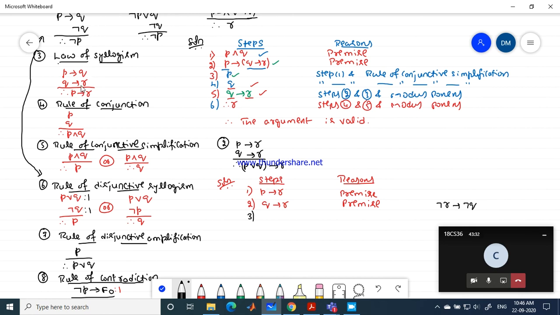I told you that at that point we should think, is it possible to use laws of logic? To use laws of logic, we need to rewrite them, and I need to bring P and Q together.